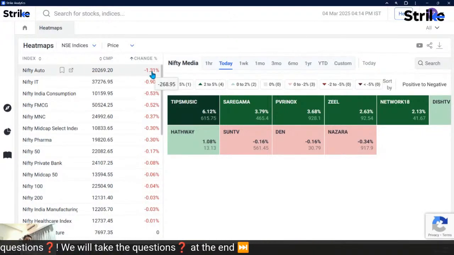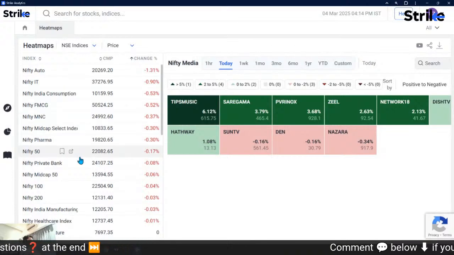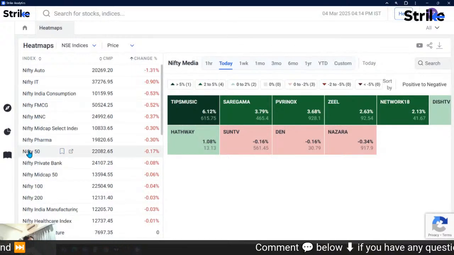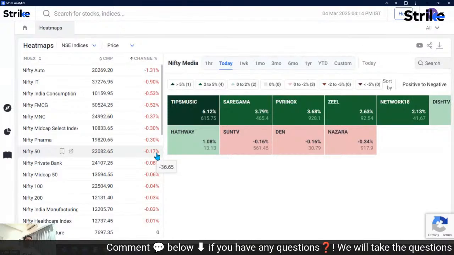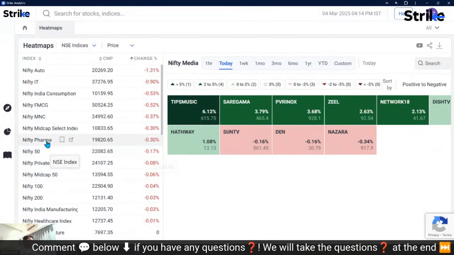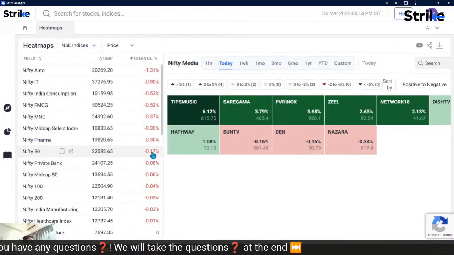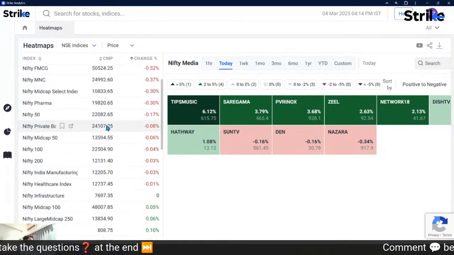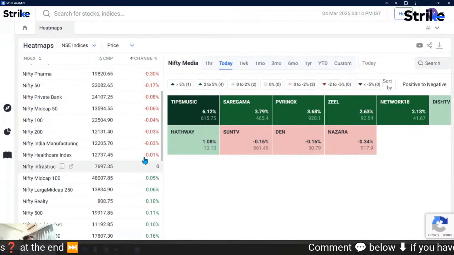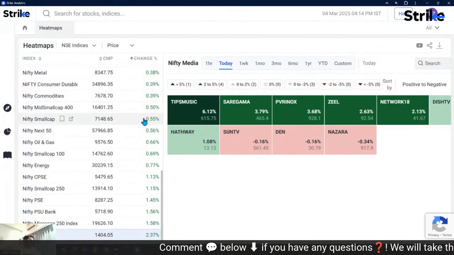It was down by over a percent, followed by Nifty IT, consumption, FMCG, and MNC. So here we have Nifty 50, which was down slightly by 0.17%. All the sectors which have fallen more than Nifty are underperformers for today, and those which have performed better are better performers than the benchmark Nifty 50.